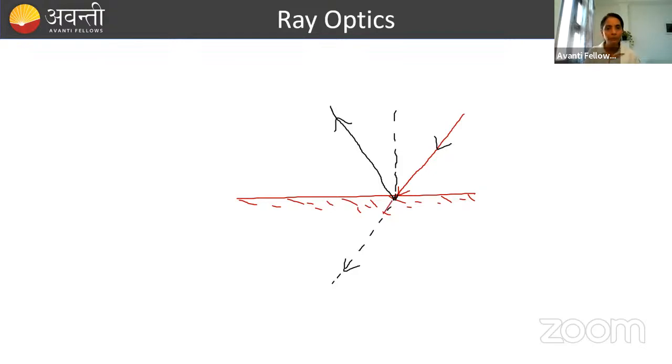If there were no mirror, light would go in this sense. Because of the mirror, it is going in this sense. So deviation is this. This much in which direction? Clockwise direction. So this angle is theta, this angle is theta, angle of incidence. So this angle will become equal to how much? 180 minus 2 theta.